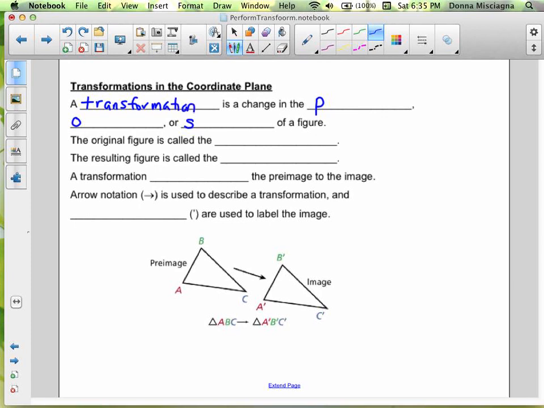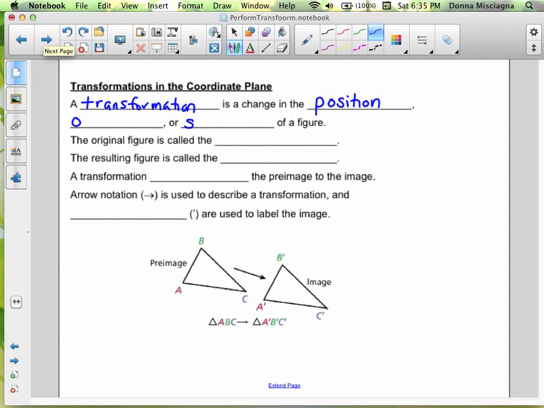A transformation is a change in the P. What's one thing that could change when we have a transformation? Actually, if you look below at the picture that's also in your notes, you see an example of P changing. Notice the pre-image is moving to the image. And what's changing? Its position.